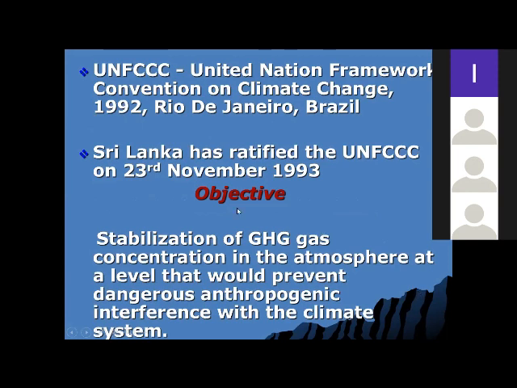So the aim of this international treaty is to stabilize greenhouse gases in the atmosphere at a level that would prevent dangerous man-made anthropogenic interference with the climate system. So that's the main aim of initiating this UNFCCC. Whether we have achieved this is a problem, because now 1992, right? More than 20 years ago.